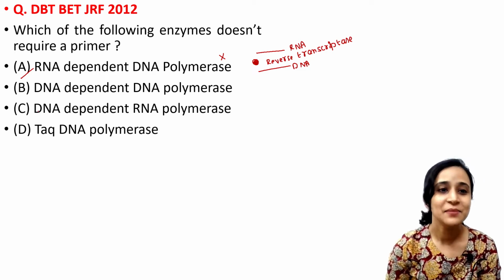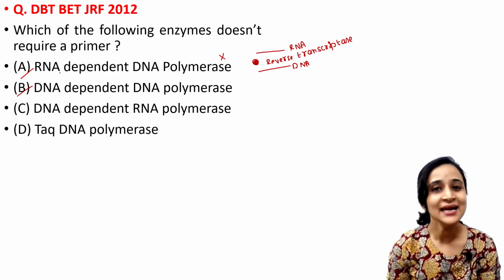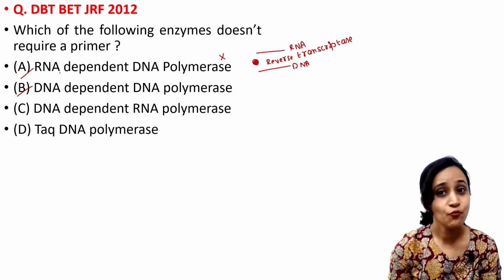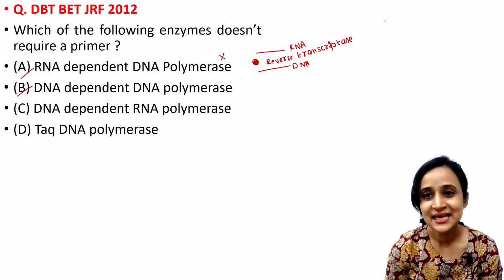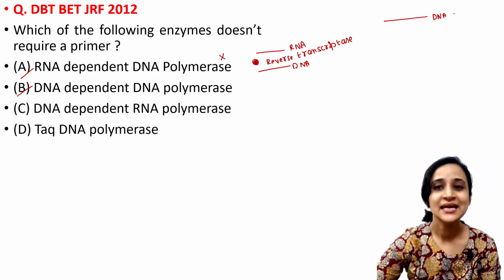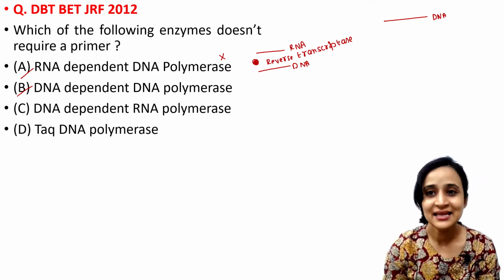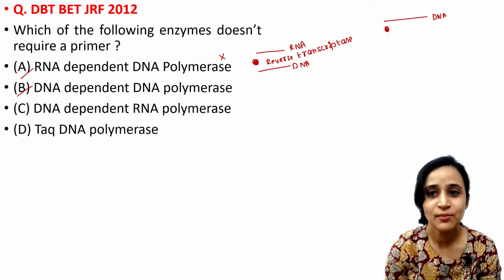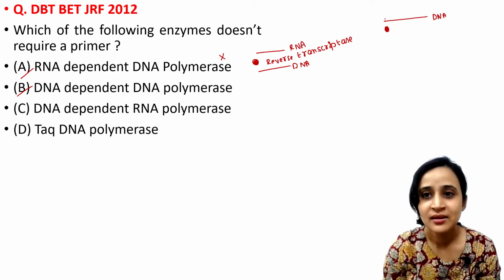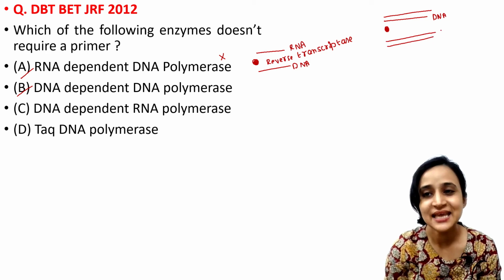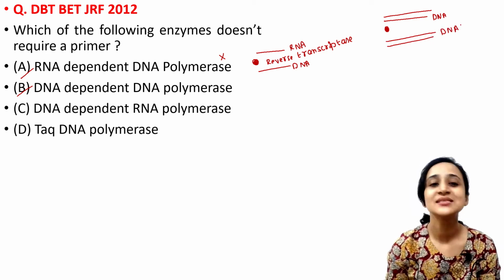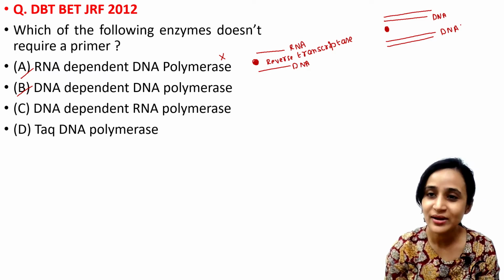Next is B, DNA Dependent DNA Polymerase. That means it is dependent on DNA, and this enzyme will produce DNA, because this is DNA dependent DNA polymerase.